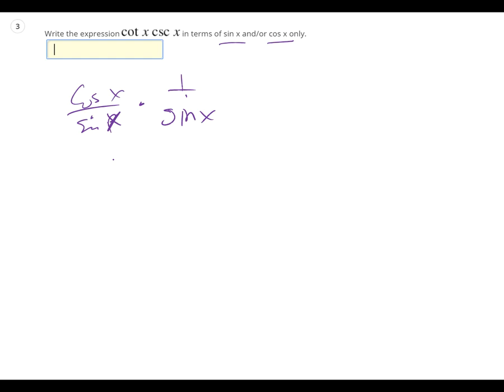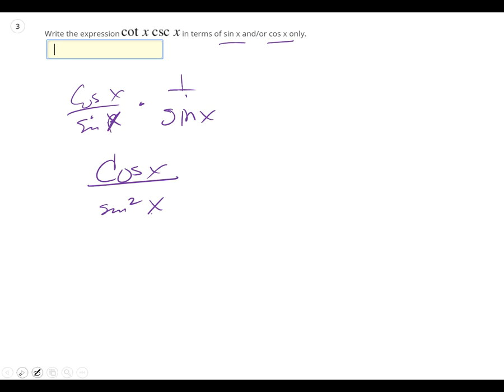Okay, so I'm going to really have cosine x over sine squared x. Okay. All right, we good with 3? It looks weird though, right? That's it, yeah. Because of the way the instructions were, nothing canceled, and it said we had to be in terms of sine and cosine.